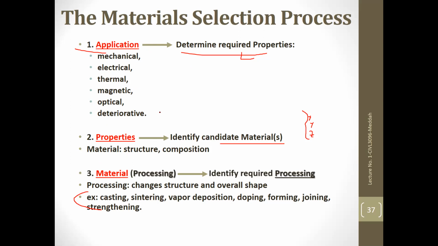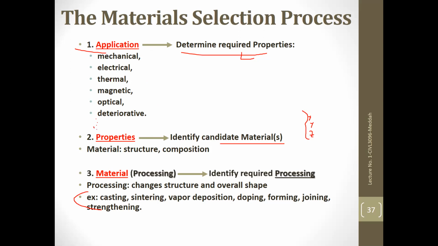Of course, you have to give some details and be very specific. Here we are just talking in general. So select a specific application, then determine what properties are needed. It could be other properties here; this is not an exhaustive list, of course.